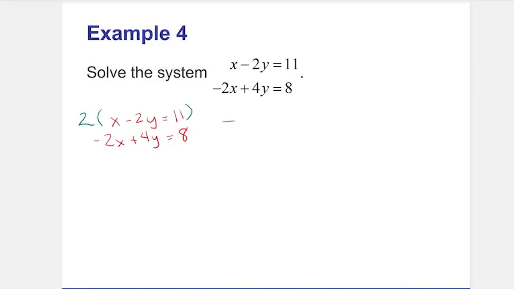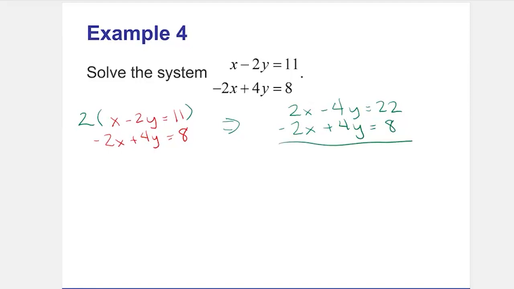So I get 2x minus 4y equals 22. Sorry, I didn't distribute. And here I get minus 2x plus 4y equals 8.